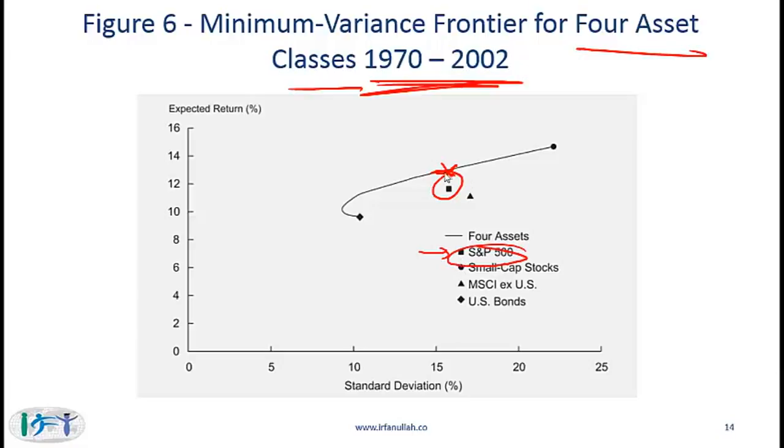So there is some combination of your 4 assets such that at the same risk as the S&P 500, so S&P 500 during this time had a risk of 15%, at the same risk, you can create another portfolio with a certain weightage of the 4 asset classes that your return is higher. If you put all your money in ex-US, which means non-US stocks, then your return would be here, but there is an efficient portfolio that dominates.